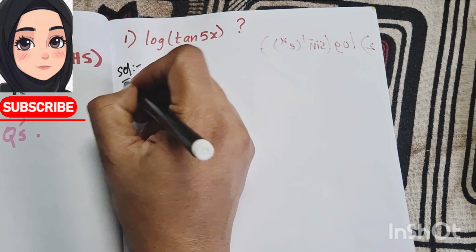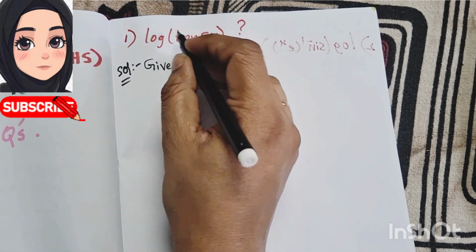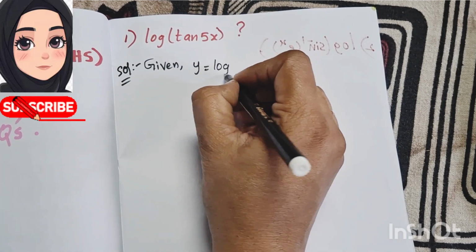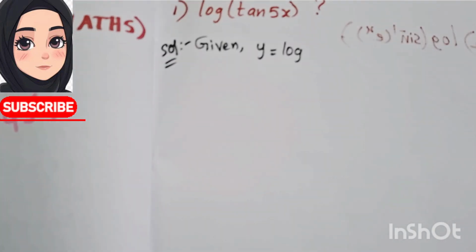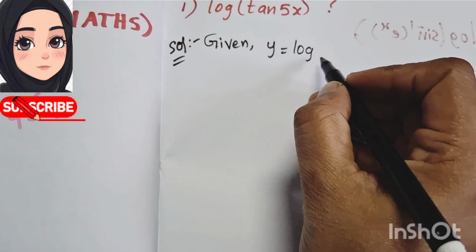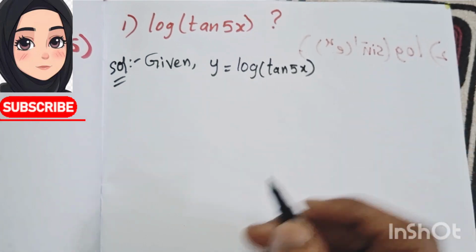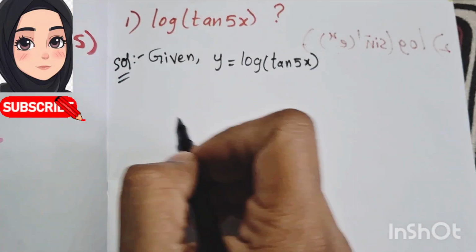In the solution, first of all, we take y equal to log of tan 5x. Now we have to find the differentiation of this given function y.